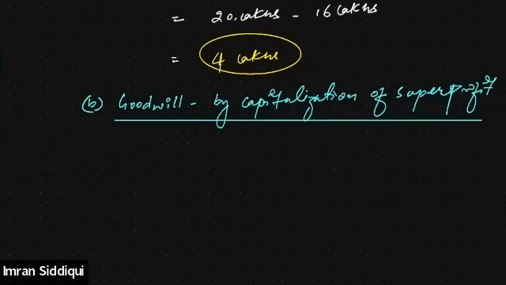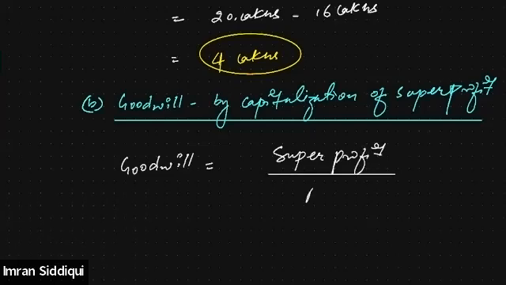And the formula for this will be goodwill equals super profit divided by ROR into 100. And how do we determine super profit?